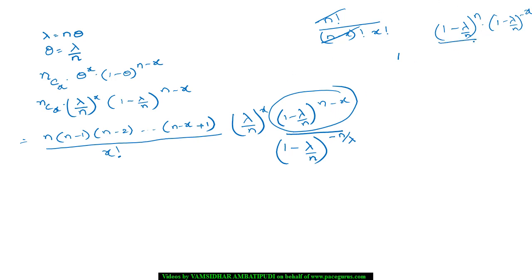Now this part, 1 minus lambda by n to the power n, I will write as 1 minus lambda by n to the power minus n by lambda, and to the power minus lambda, and this part is 1 minus lambda by n to the power minus x.